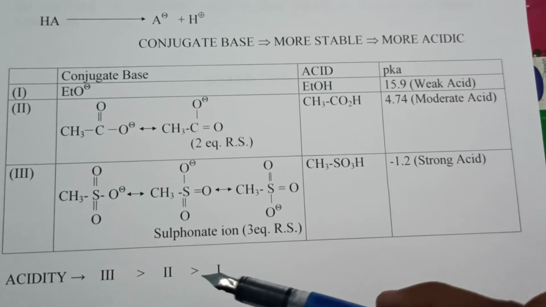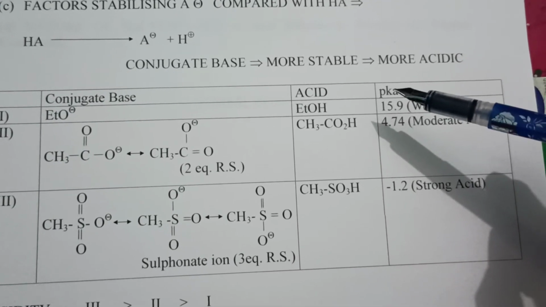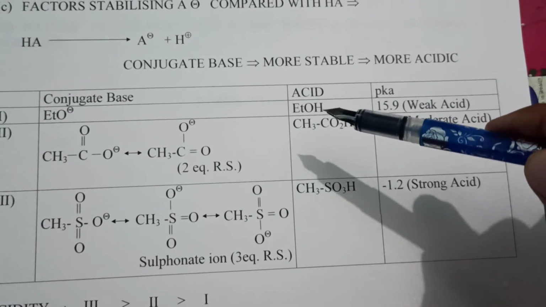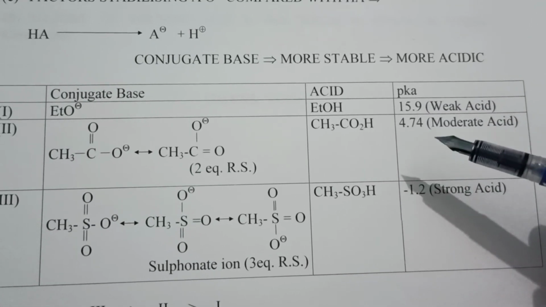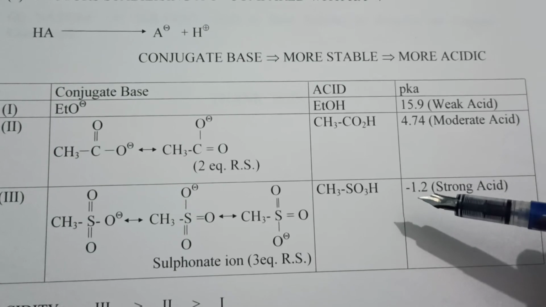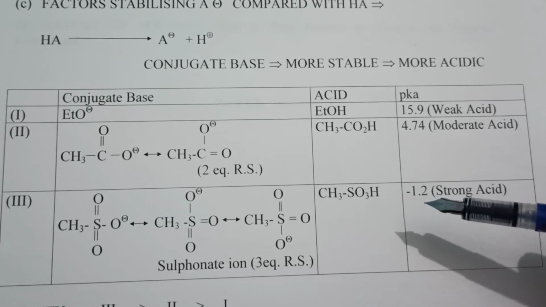And if you compare the pKa values, let me explain. The pKa value of ethanol is approximately 16, acetic acid is 4.74, whereas sulfonic acid has a negative pKa value, right?